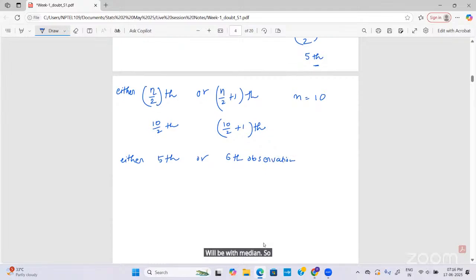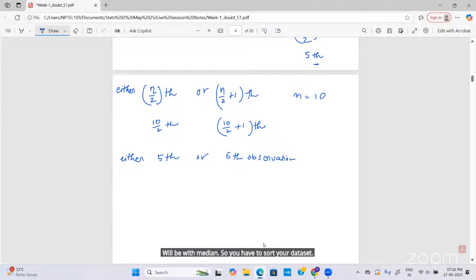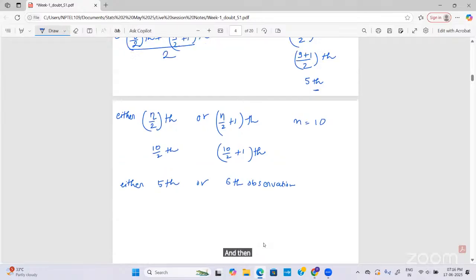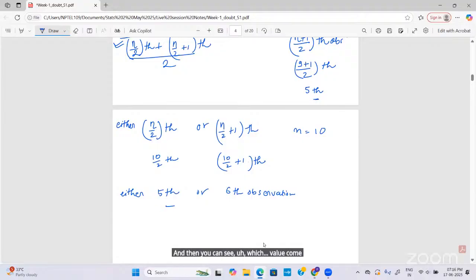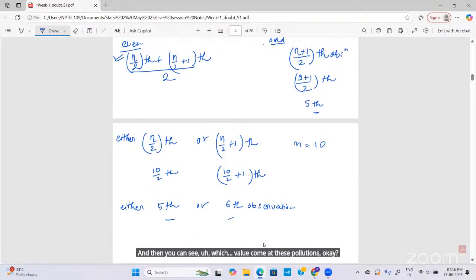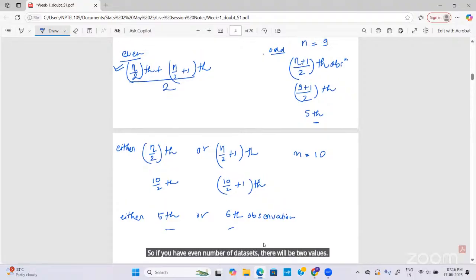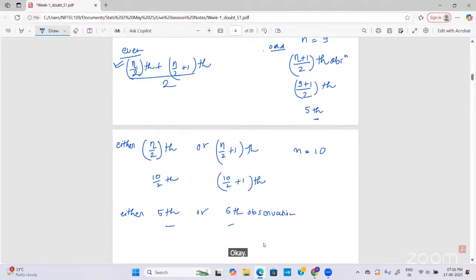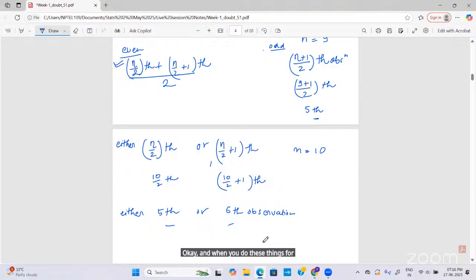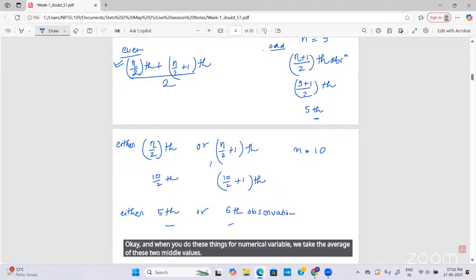So you have to sort your data set and then see which values come at these positions. If you have an even number of observations, there will be two values. When you do this for a numerical variable, we take the average of these two middle values. Okay, ma'am.